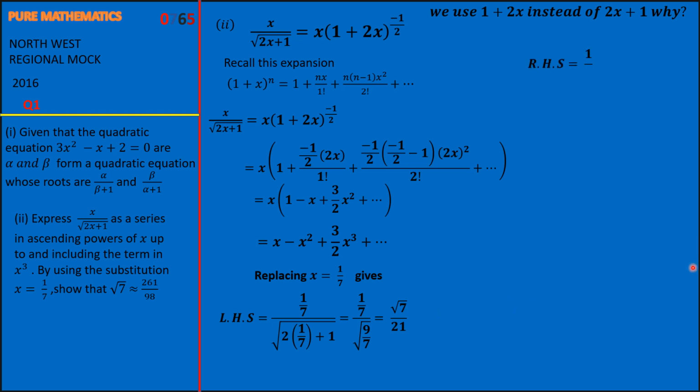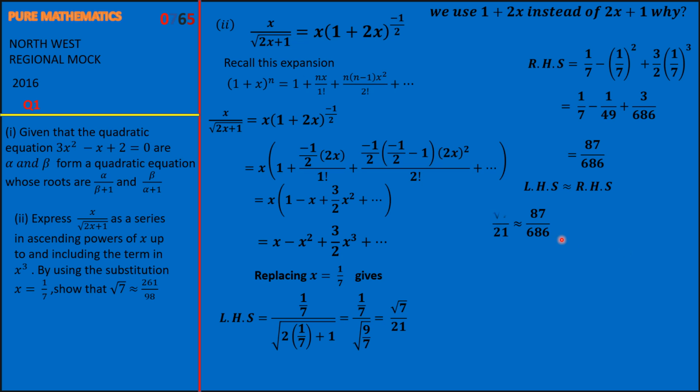This division of two fractions, when you do that division, you should end up with root 7 on 21. Now going forward, we also have that on the right hand side, we replace x by 1 on 7, and when you simplify all of that, it will give us 87 on 686. Now, since we have replaced the same 1 on 7 on both sides of the equation, and this expansion is equal to this, it means that the left hand side must be approximately equal to the right hand side.